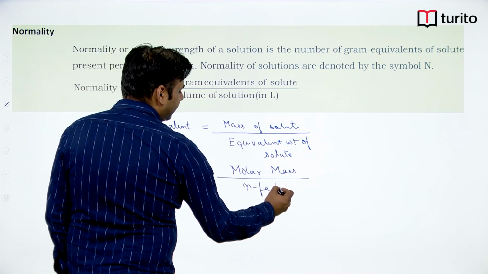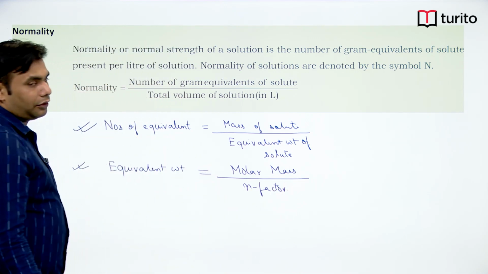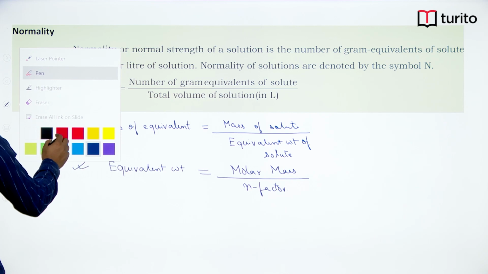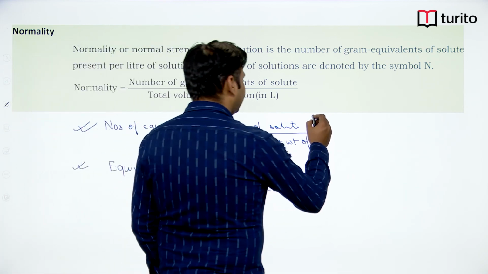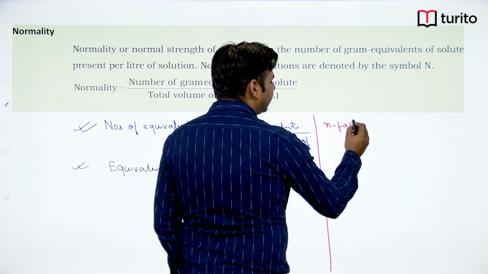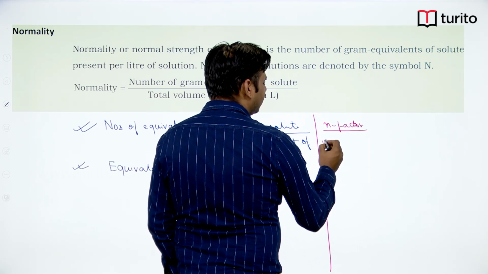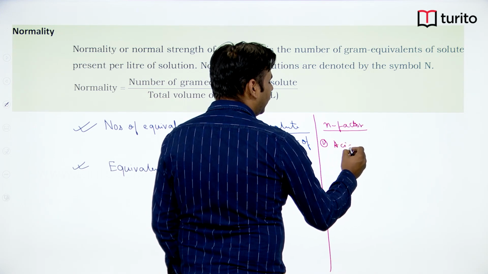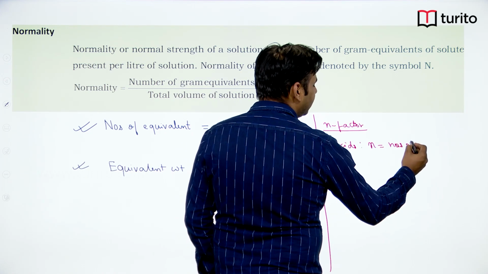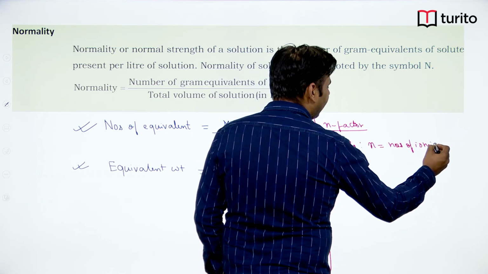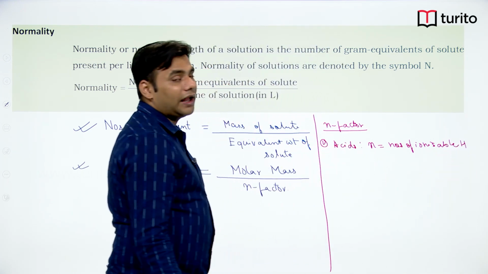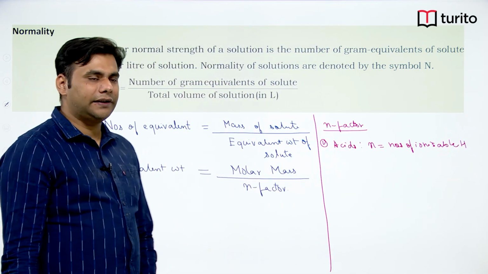Now you might have studied this in the redox chapter also. So n factor we define like this. If we are having acids, the n factor is the number of ionizable hydrogen. For a monobasic acid, n is 1, for a dibasic acid n is 2, for a tribasic acid n is 3.